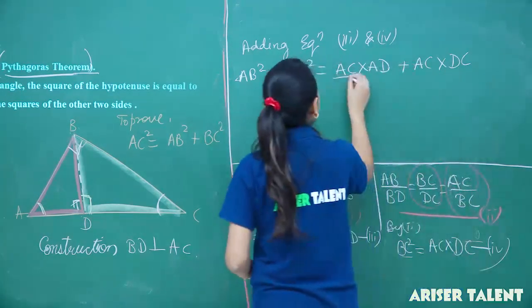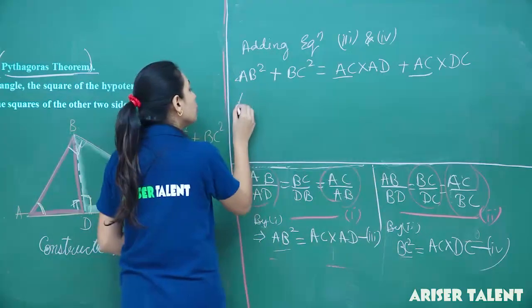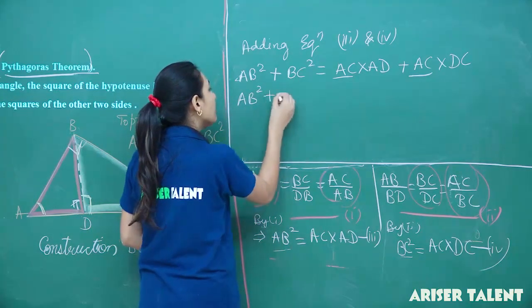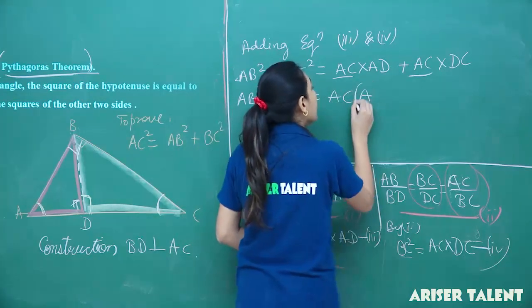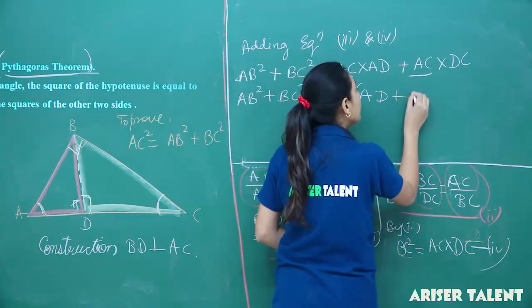Now I have the common term AC here and AC here. So I will simply say that AB square plus BC square equals common AC, and in bracket I will have AD plus DC.